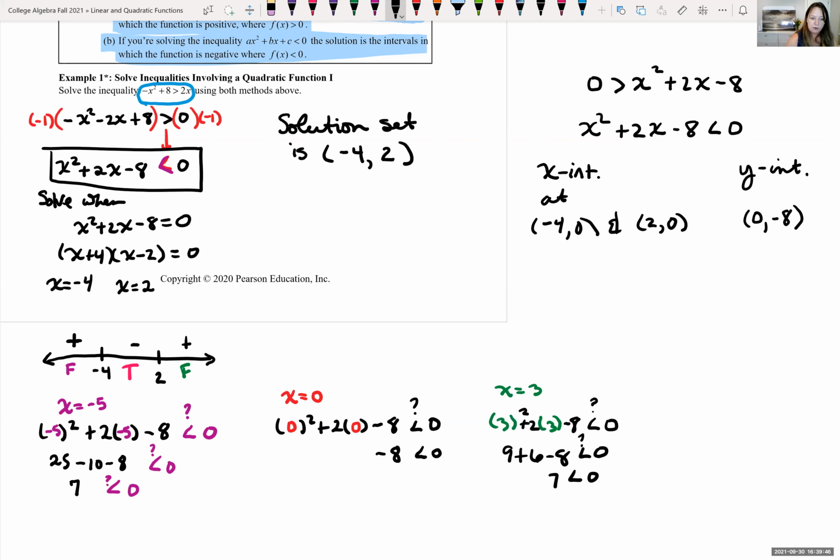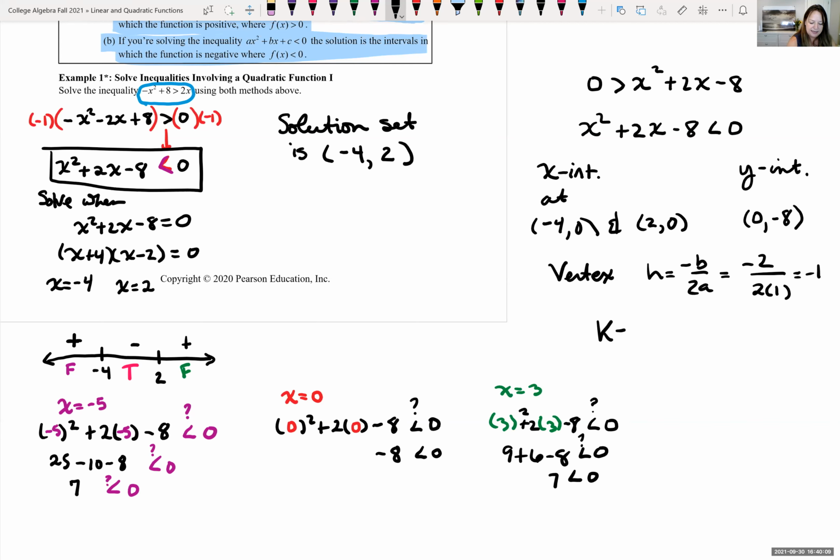And let's quickly find out what our vertex is. So let's just do -b over 2a. And so b is 2, so -2 all over 2 times a, which is 1. This gives me back -1.